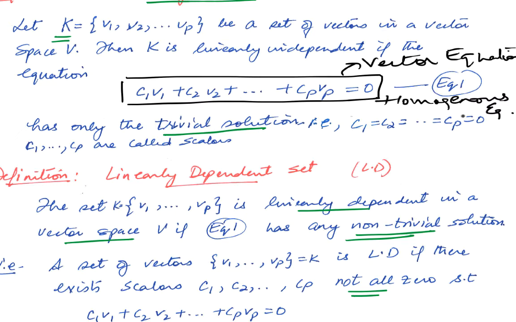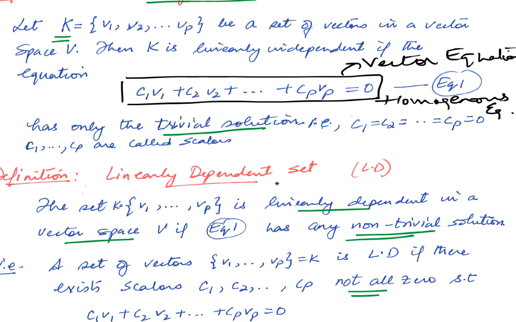Remember section 1.7? It tells us that these vectors are linearly independent if and only if this homogeneous equation has only the trivial solution. And if it does not have a trivial solution, it becomes linearly dependent. It's simply going back to our chapter 1 always.